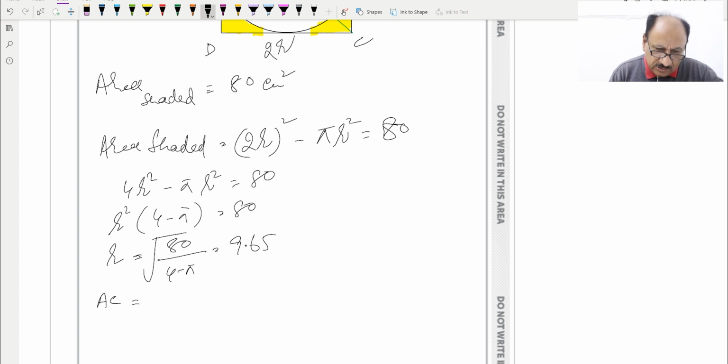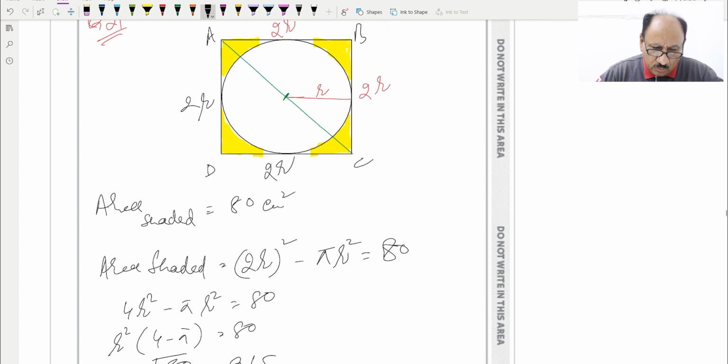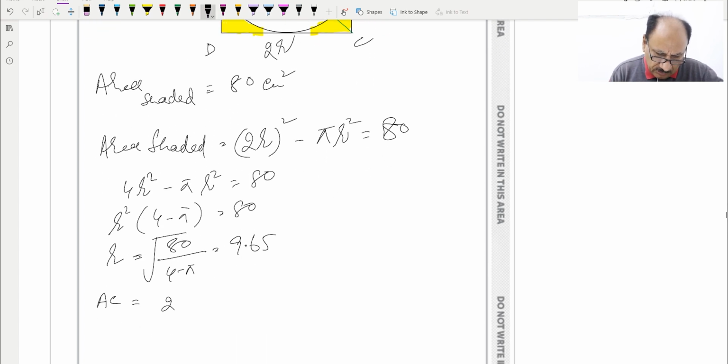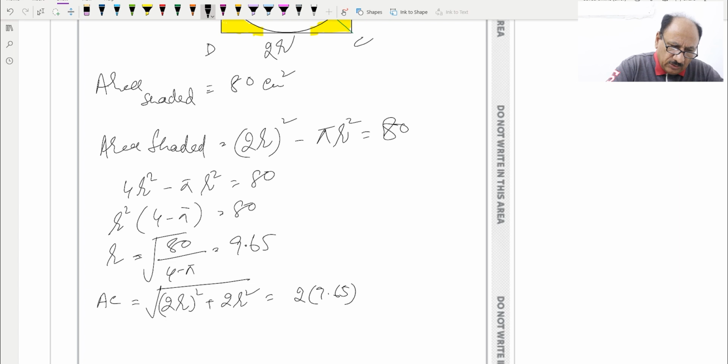AC is equal to the square root of 2r square plus 2r square. So this will be the Pythagoras theorem. Let's first open this one.